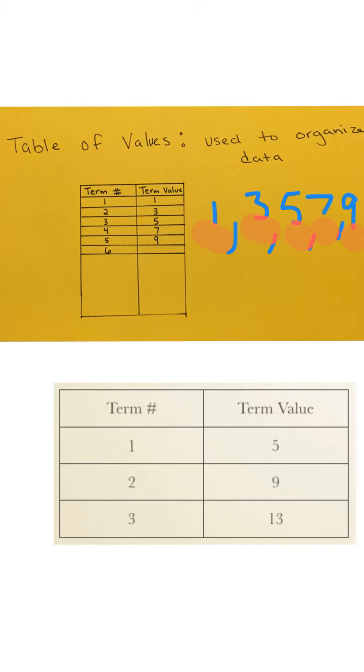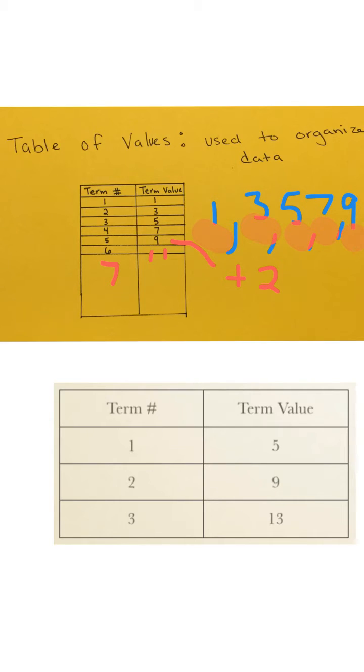So based on this, with my data table, I can figure out what my next term value would be. So the 7th or the 6th, let's do the 6th first. If I'm increasing by 2 each time, then I know that I'm going to do 9 plus 2, which gives me 11.